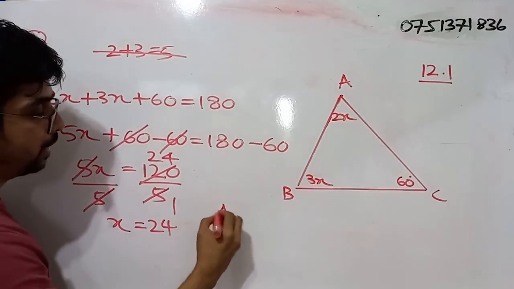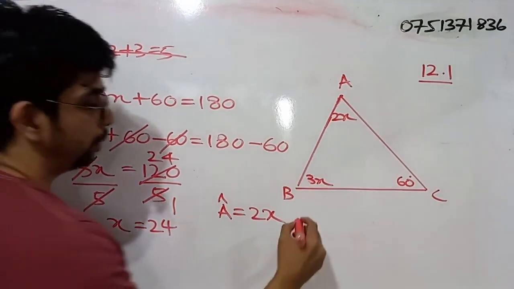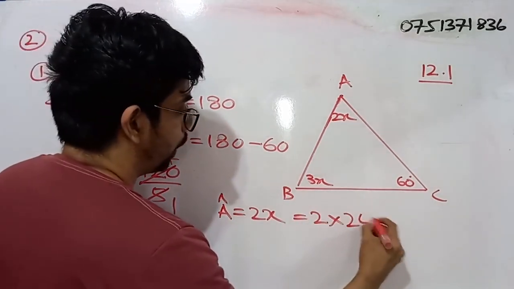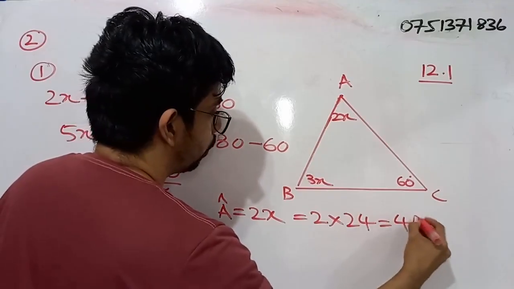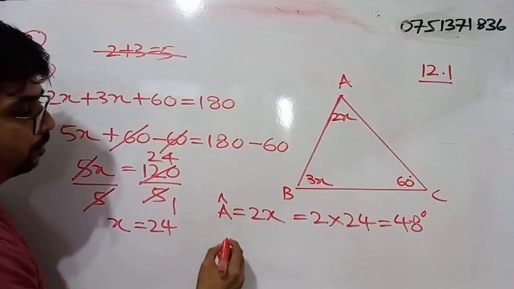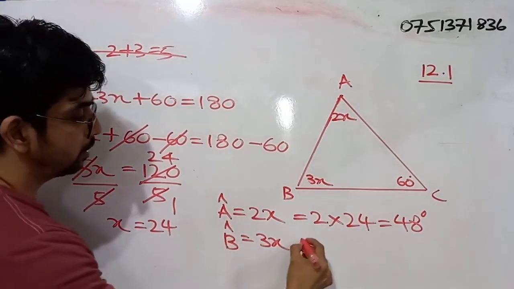So what is angle A? Magnitude 2x. That means what? 2 into 24, which is 48 degrees. So angle A, the magnitude is 48 degrees. Then angle B, that is 3x.